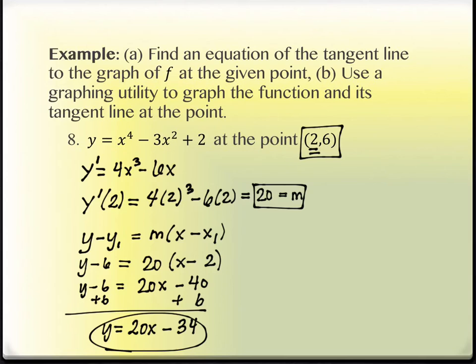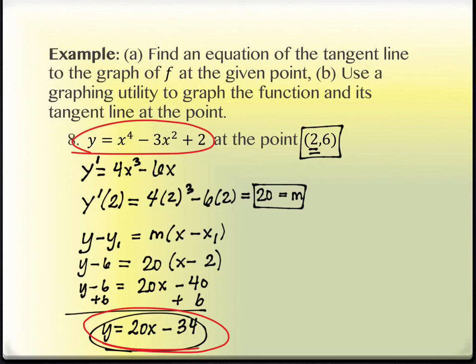I'll show you how to do it on your calculator real quick because I just mentioned it last time. What it's talking about on part B, using the graphing utility to verify, means taking your original equation and the equation of your tangent line and putting them both into y1 and y2. So we'll have x to the fourth minus 3x squared plus 2 and 20x minus 34.